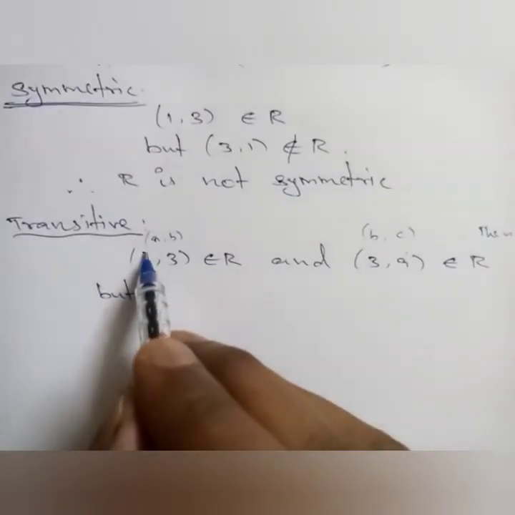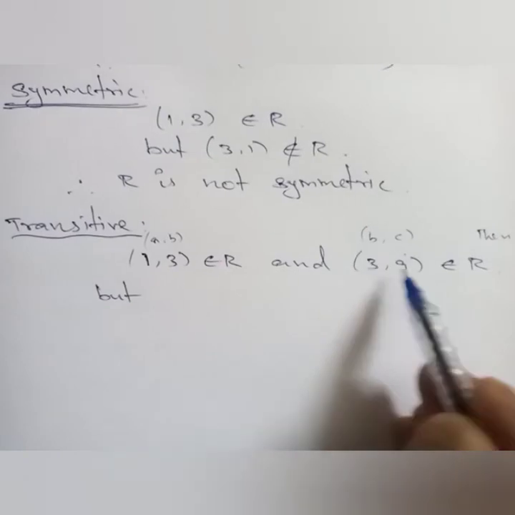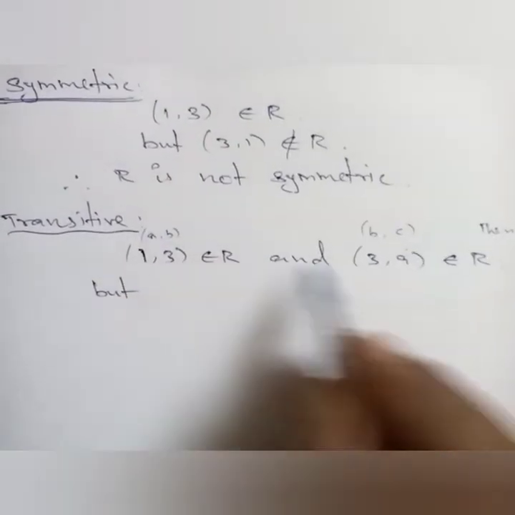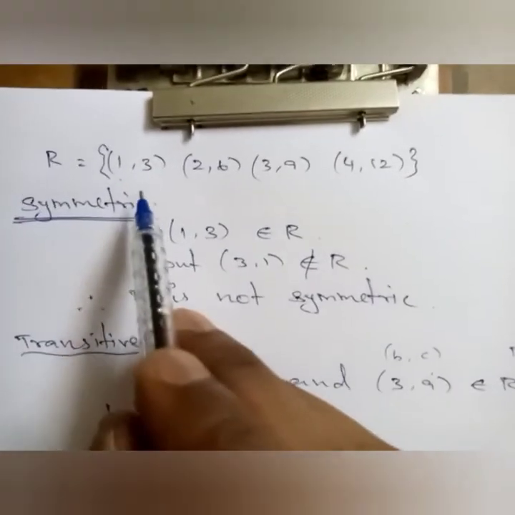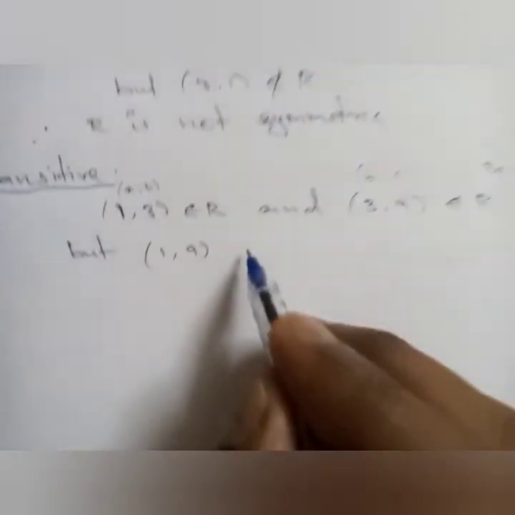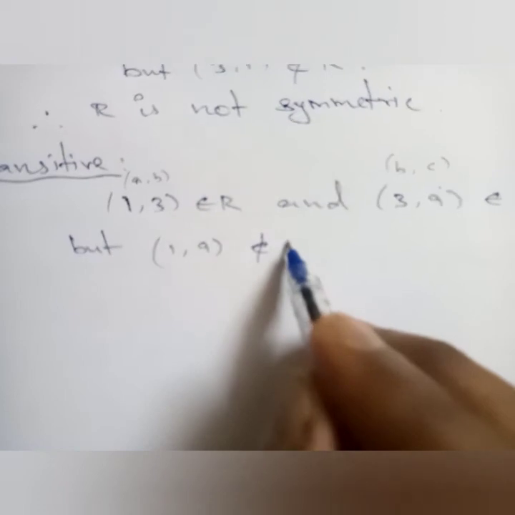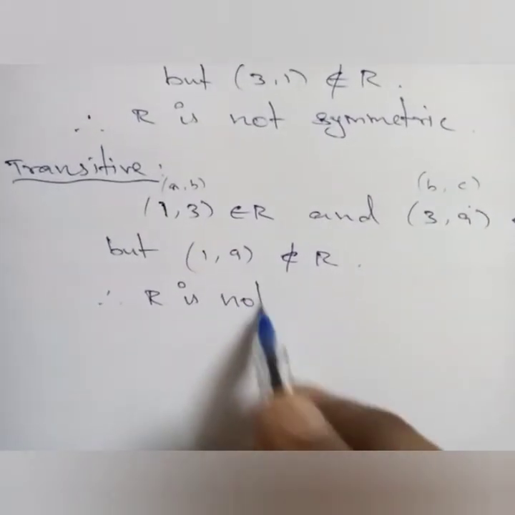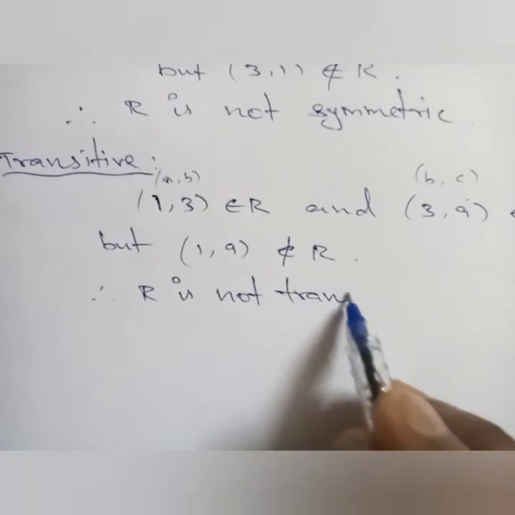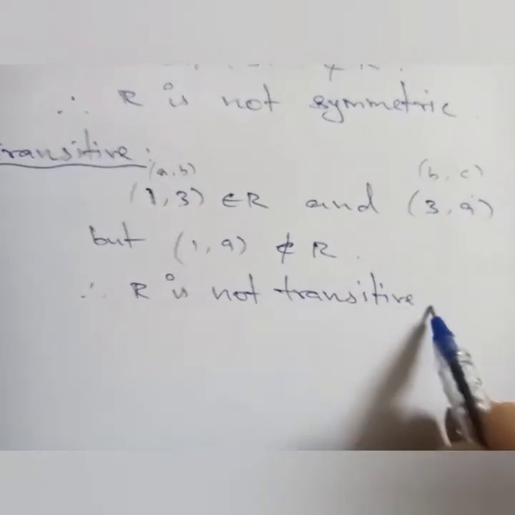But here (1, 3) is there, (3, 9) also is there, but (1, 9), check whether (1, 9) is there. No, (1, 9) is not in this R, therefore R is not transitive. That's all. Okay.